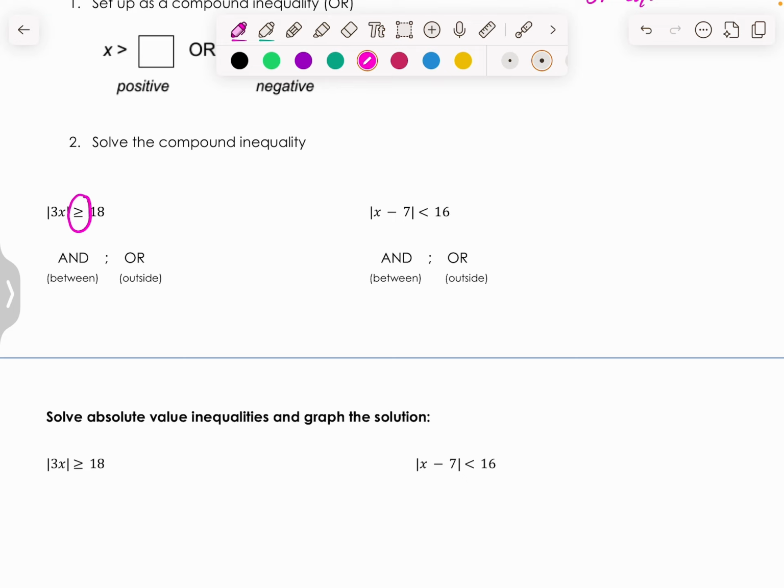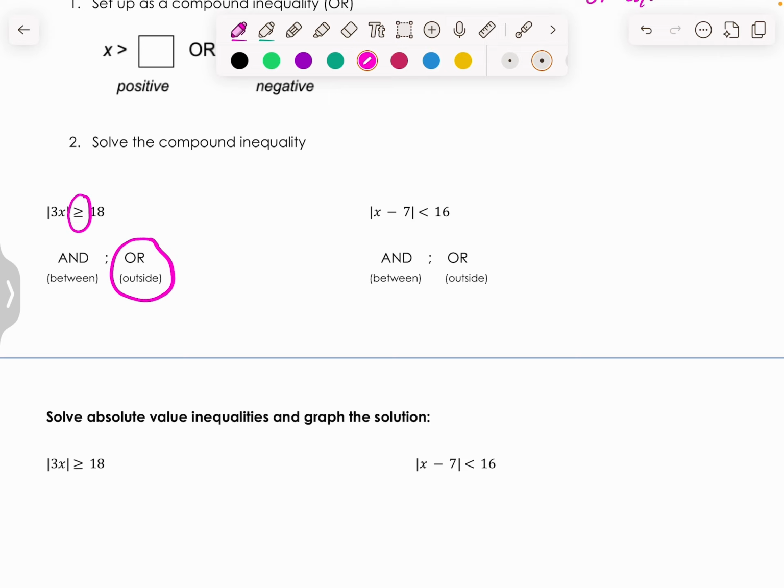So we're going to look at this symbol. If we start with greater than or equal to, we are going to be solving an or inequality, which means we're using the outsides of the boundaries. So the inequality is going in either direction, left and right.